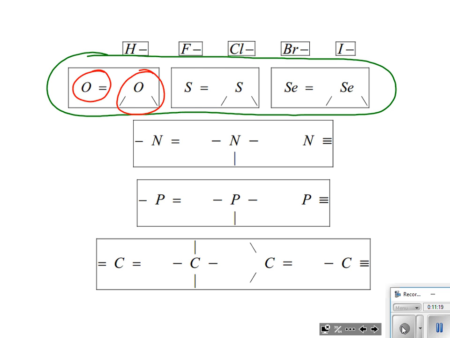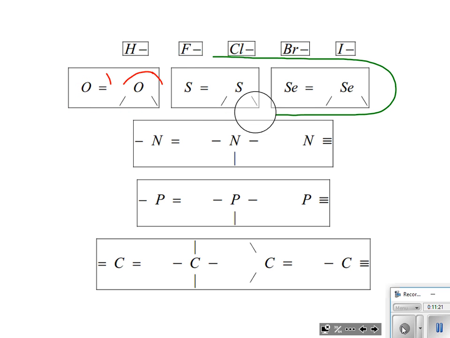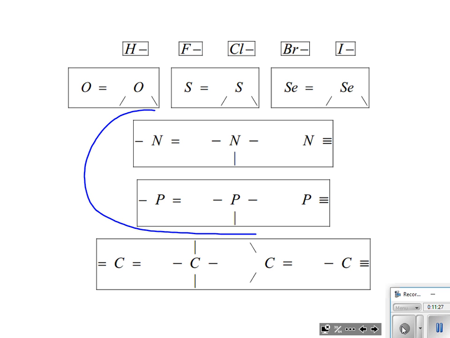Now, these next 2 are similar because they both have what? 3. They need 3 electrons to fill their outer shell. So how could they do it? Well, they could do it 3 different ways.